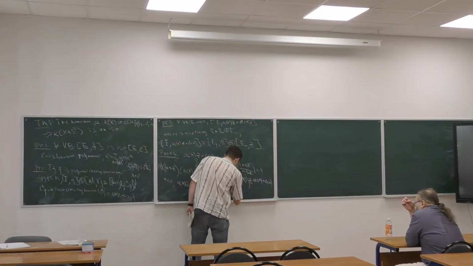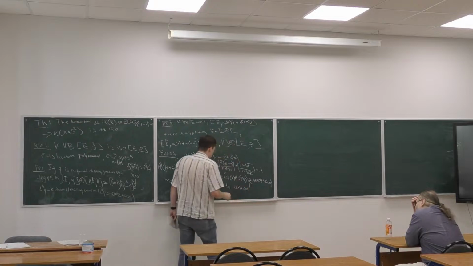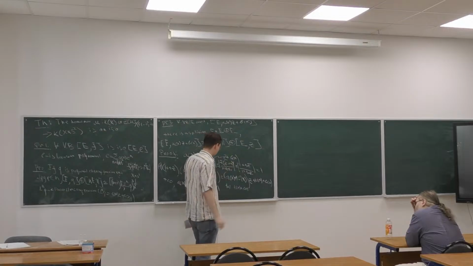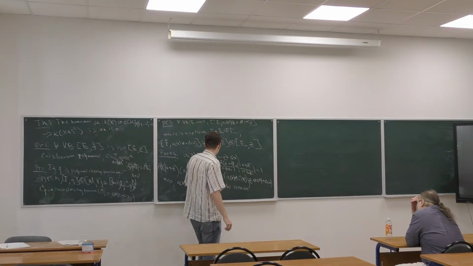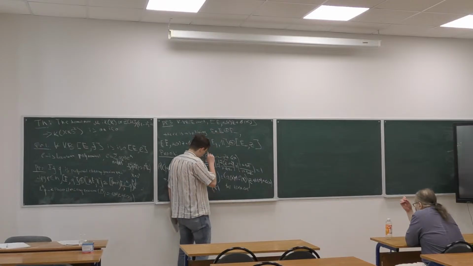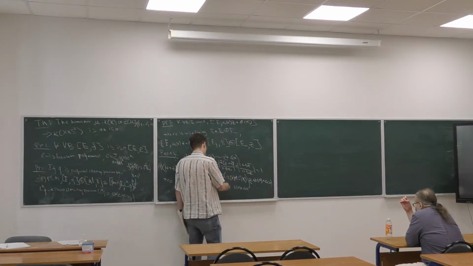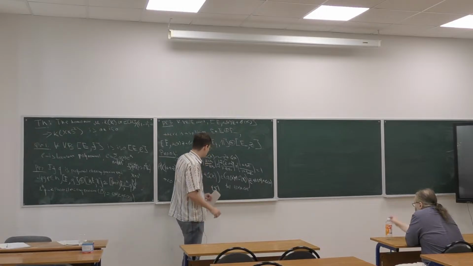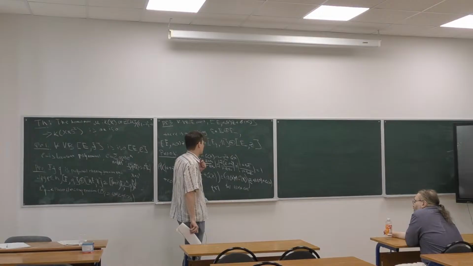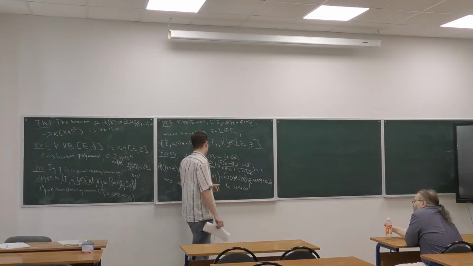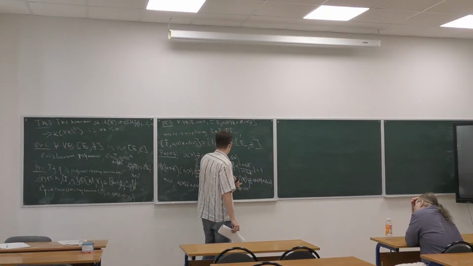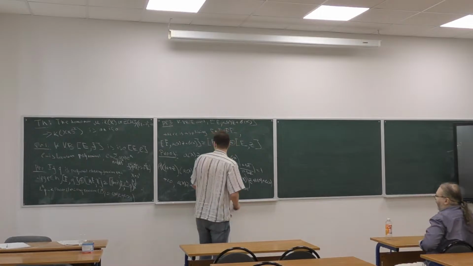If t lies near 1, using a continuity argument, we can say it is an automorphism.